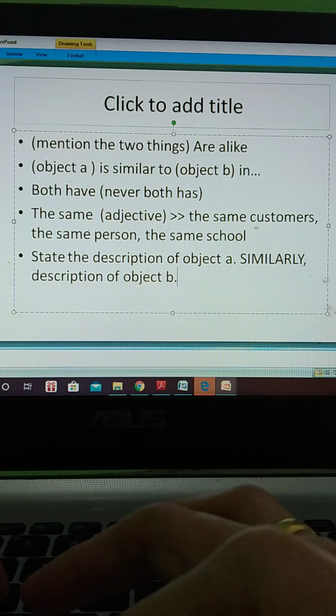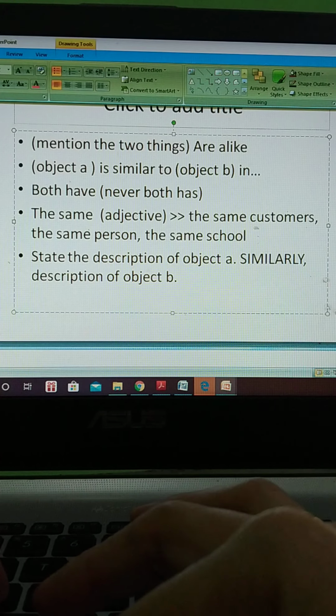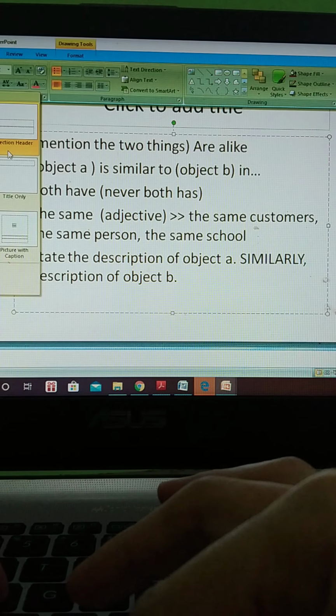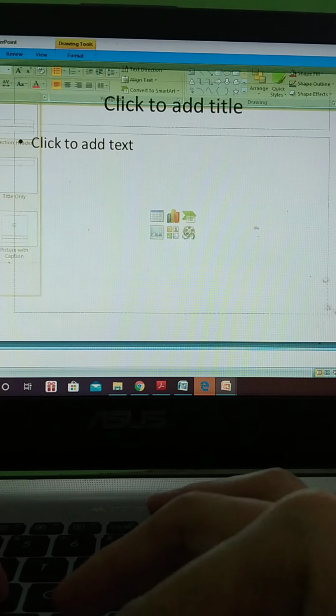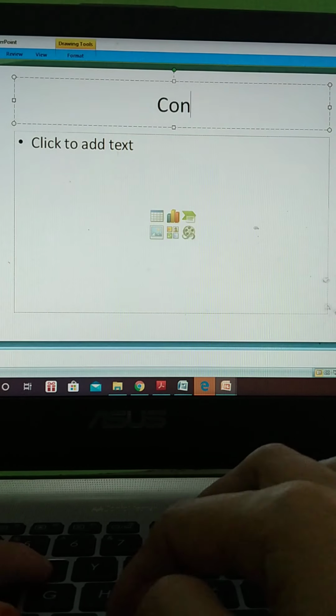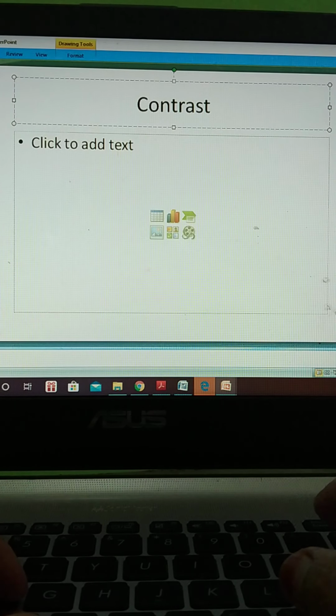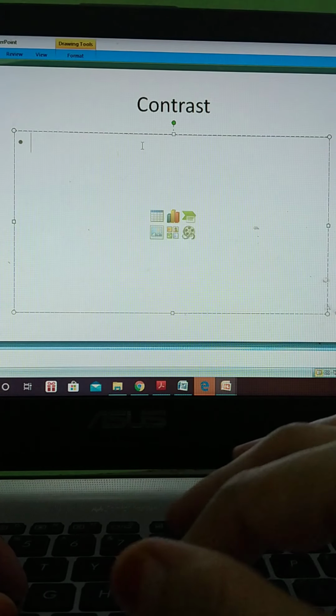Okay, now let's go on to contrast. Yeah, contrast. So contrast is different from what we learned in the comparing paragraph.